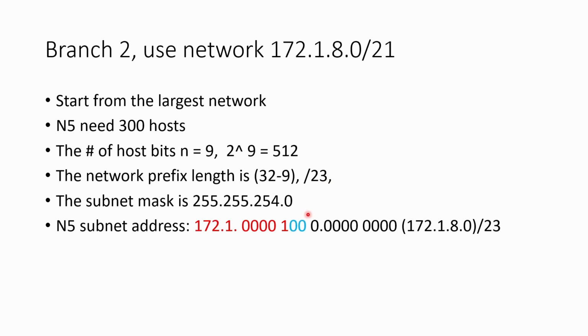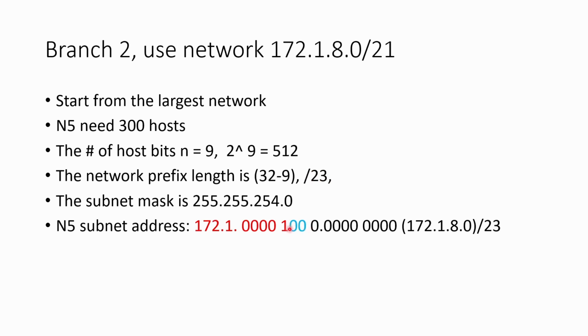/23 is right here. So you can see we need 9 host bits to accommodate 300 hosts. Originally, the network prefix was 21, so we borrowed 2 more bits to create the subnetworks for /23. Then we use the first subnet.